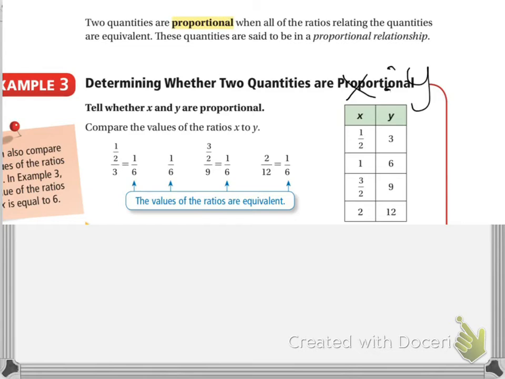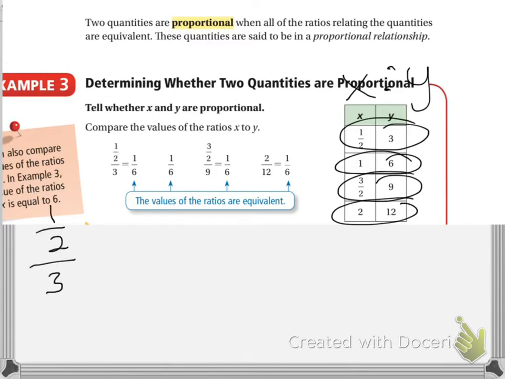So we're going to look at each one of these ratios right here to see if they all are proportional to each other. Our first ratio is 1/2 to 3.